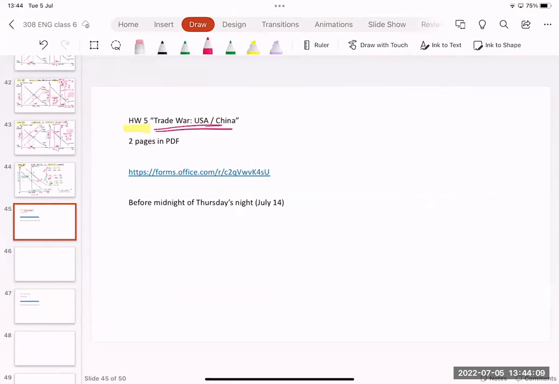Write down 2 pages in PDF and submit it here in the link. The deadline I give you is more than 1 week, because right now you already have a lot of homework. The deadline is before midnight of next Thursday night. Just easy: Google, do the research, and write down in your language with your understanding.